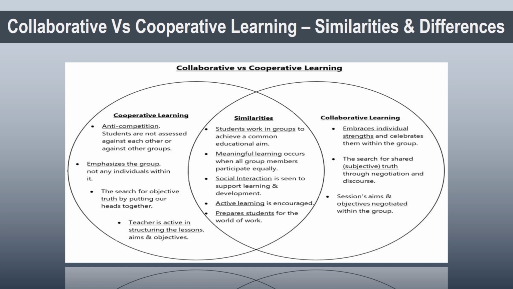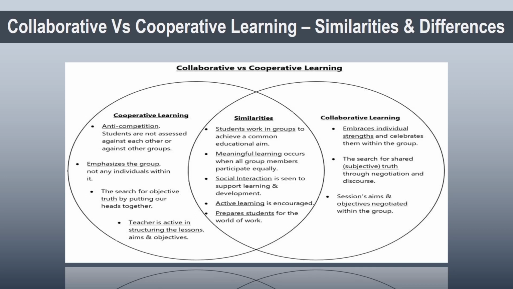It is the search for the objective truth by putting our heads together, and the teacher is active in structuring the lesson aims and objectives. Whereas collaborative learning embraces individual strengths and celebrates them with the group. It is the search for the shared, that is subjective, truth through negotiation and discourse. The session aims and objectives are negotiated within the group.